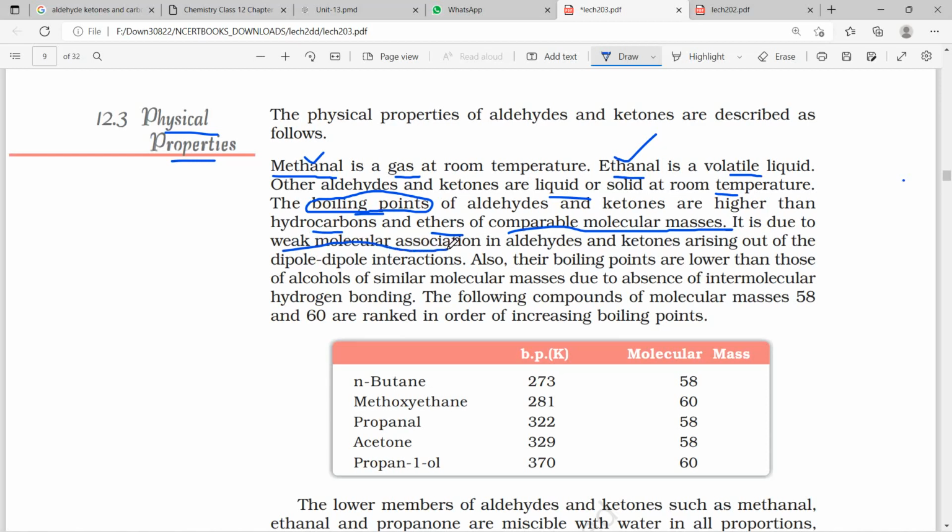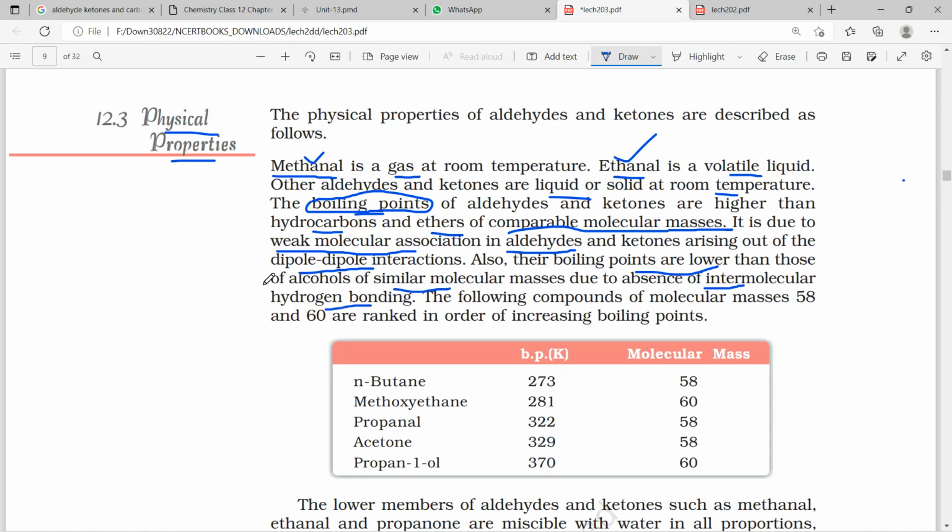weak molecular association in aldehydes and ketones, which is due to the dipole-dipole interaction, and their boiling points are lower than those of alcohols of similar molecular masses due to the absence of intermolecular hydrogen bonding.